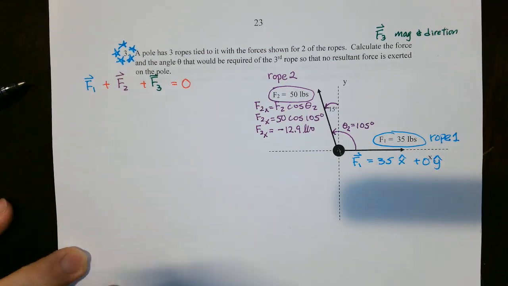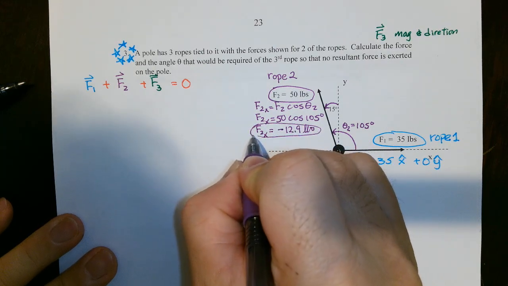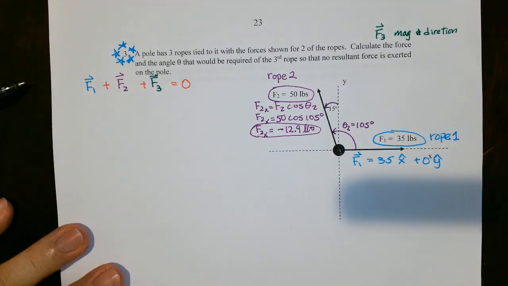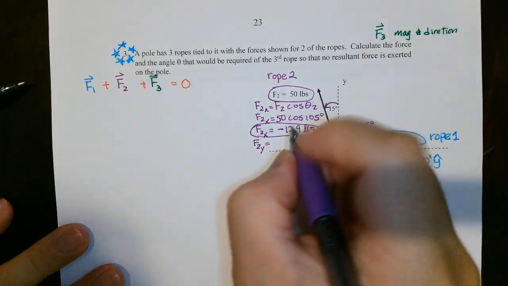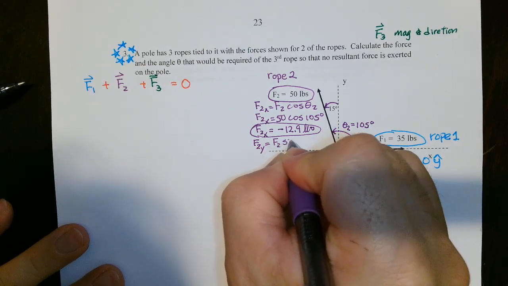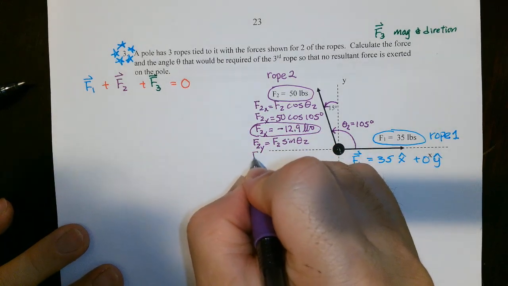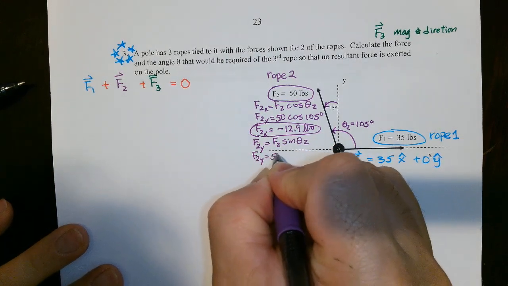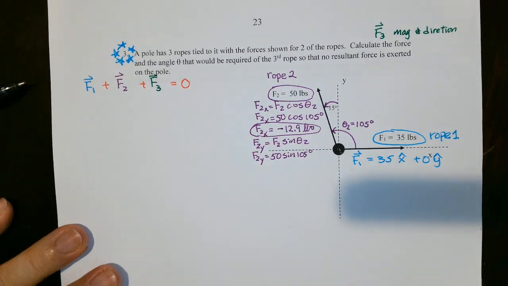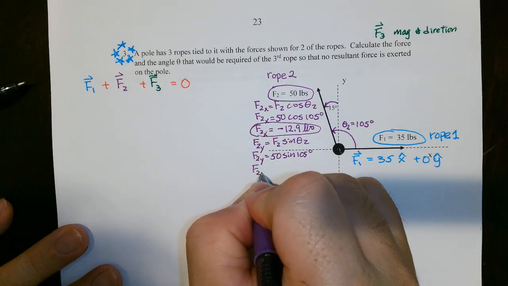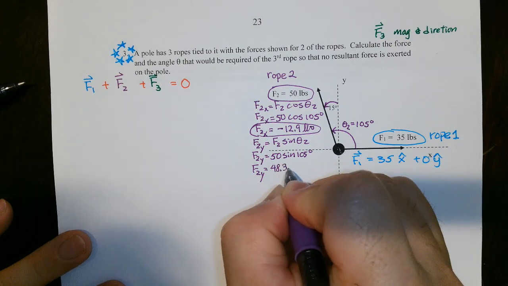Okay. Then F2y is F2 sine of theta 2, which is 50 times sine of 105. And my F2y is equal to 48.3 pounds.